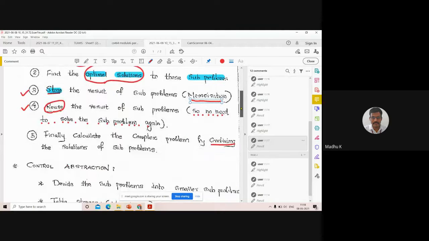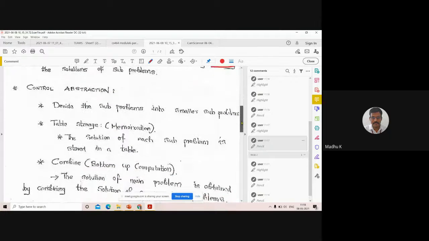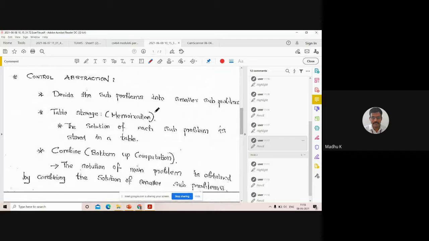Next, the control abstraction of this approach: divide the problem into smaller subproblems. Then we need table storage for memoization, for storing the intermediate results, that is the solution of each subproblem.